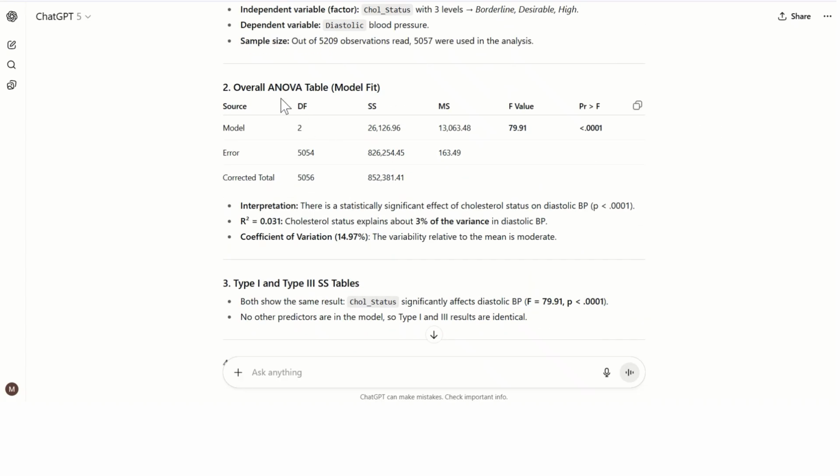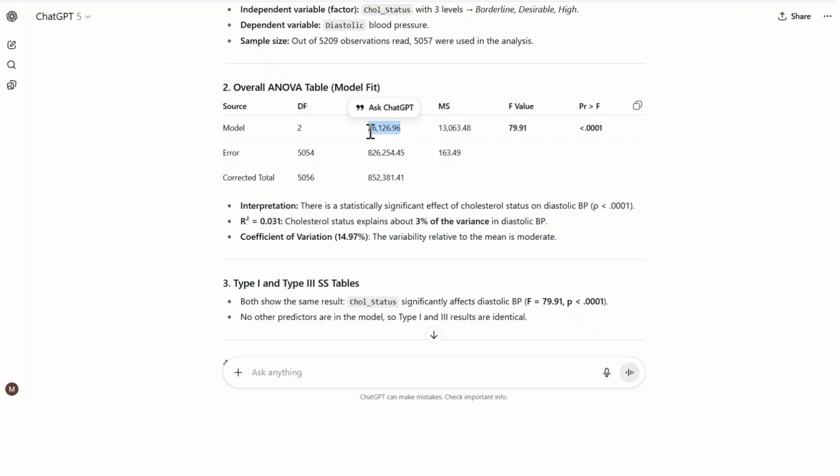Anyways, moving on, overall ANOVA. So this is the most important table of this test. We see that for the model we had 3 categories, so degrees of freedom will be 3 minus 1, that is 2 degrees of freedom, and then the total sum of squares.